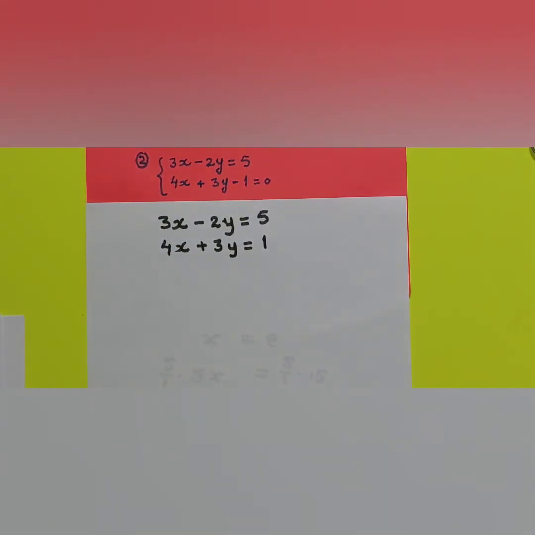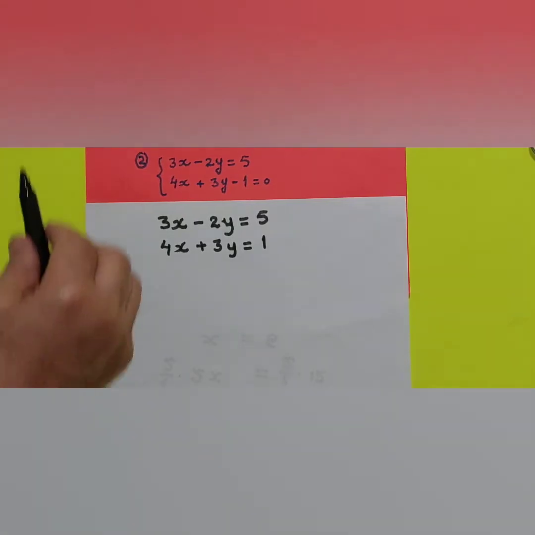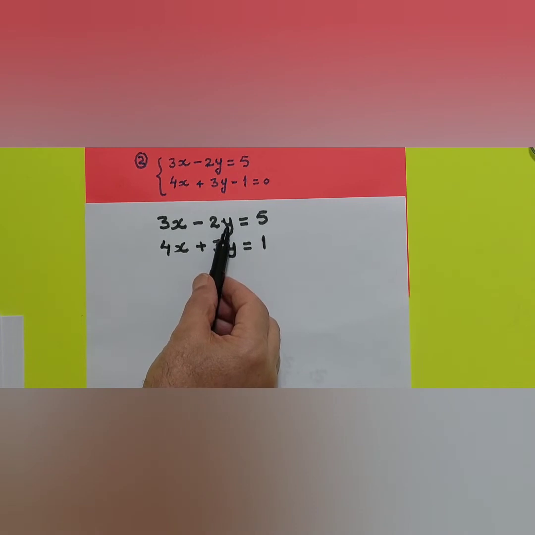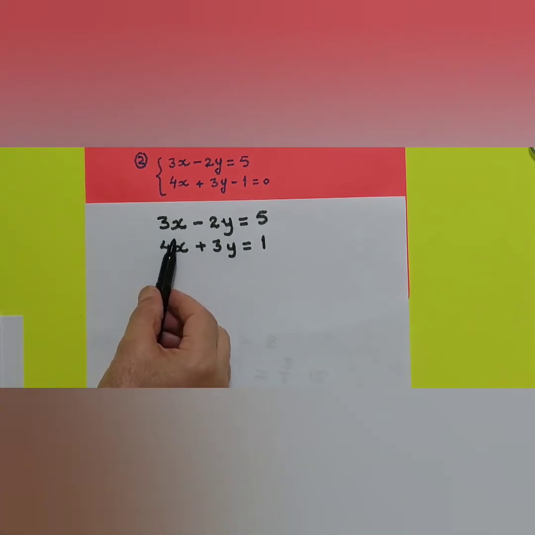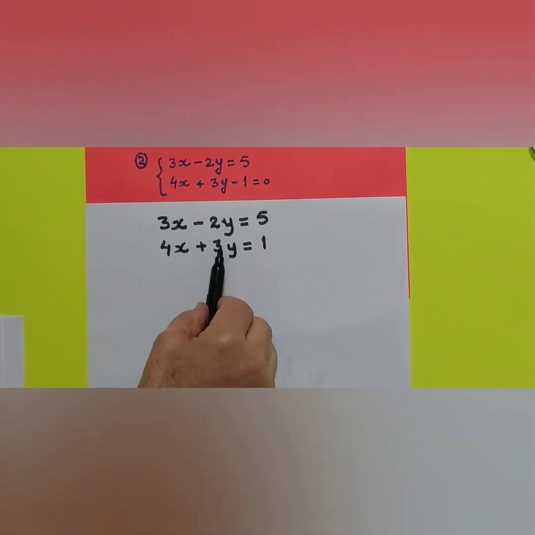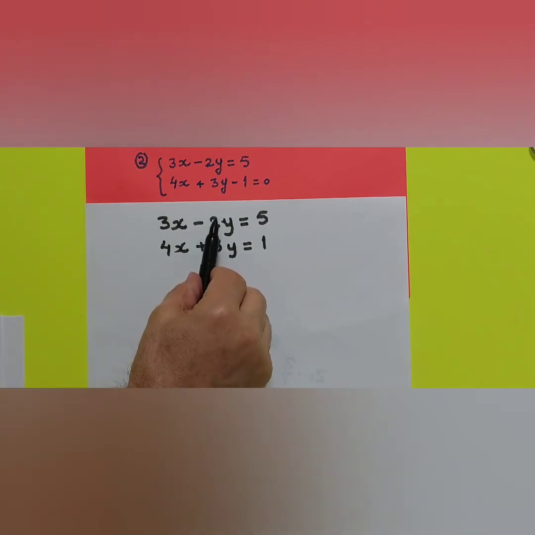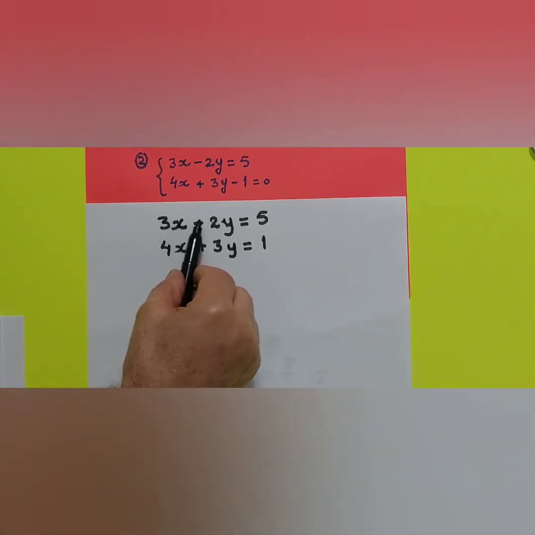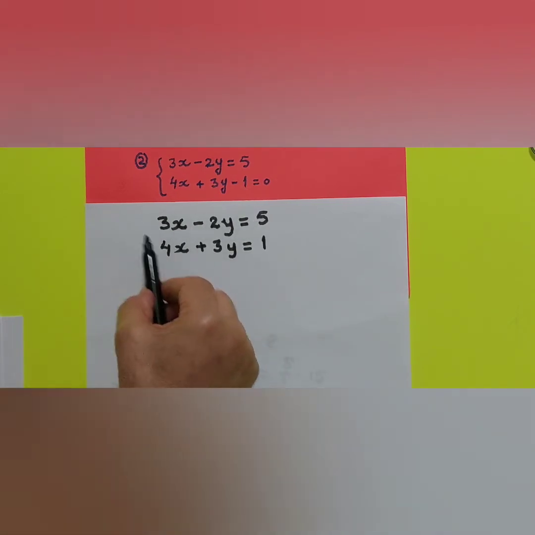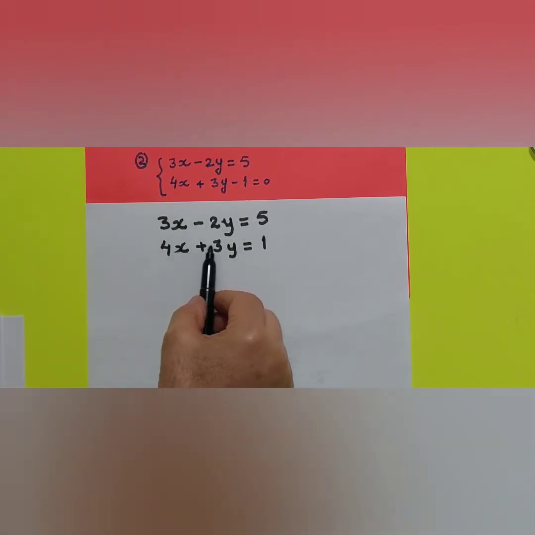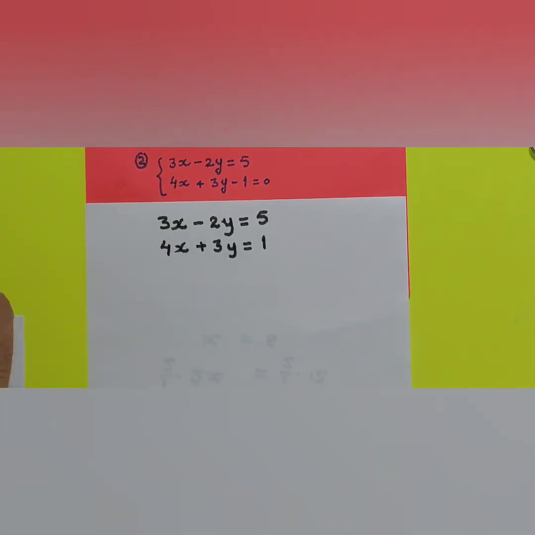Now, we have to make the coefficient of y's or the coefficient of x equal. That should be number 6. And we can get that by multiplying the first equation by 3 to be here 6, and multiplying the second equation by 2 to be here 6 also.